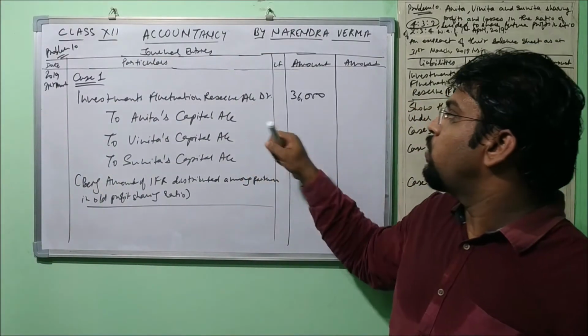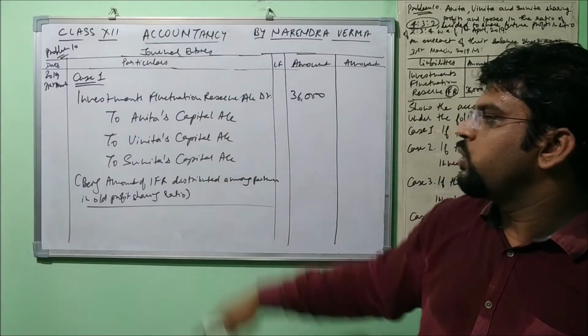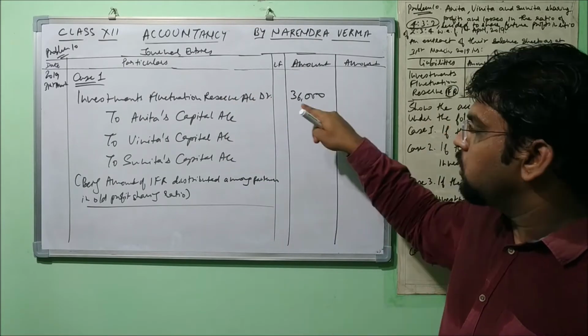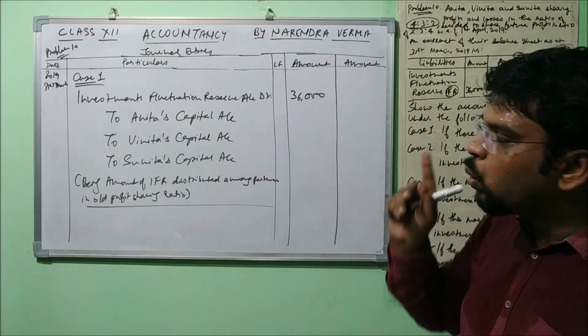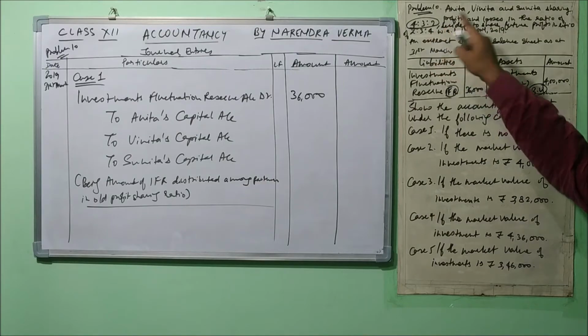Investment Fluctuation Reserve account debit 36,000, to Anita's capital, to Vinita's capital, to Sunita's capital. We consider it here as fluctuating capital, right? Now this 36,000 will be divided among them in the old profit sharing ratio. What is the old profit sharing ratio? 4:3:2.